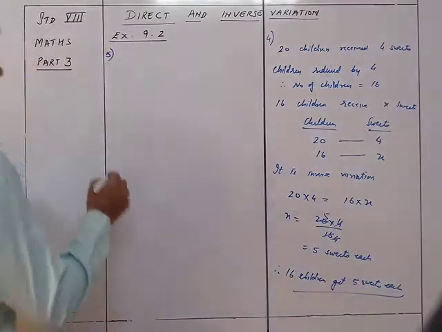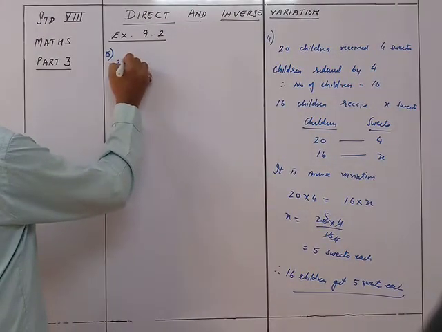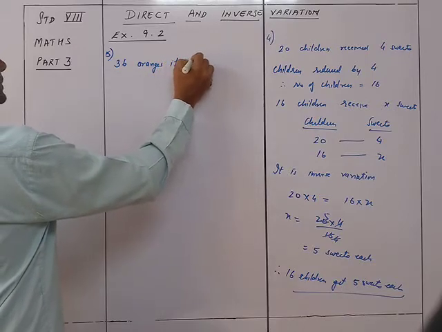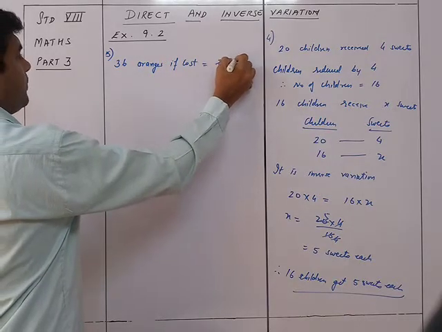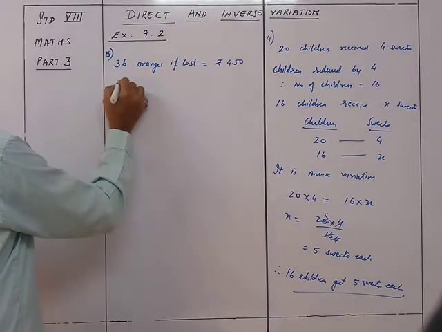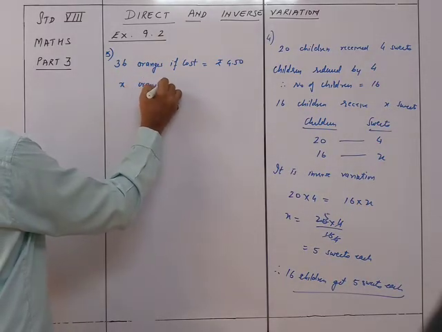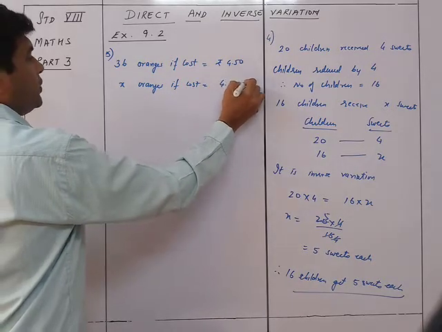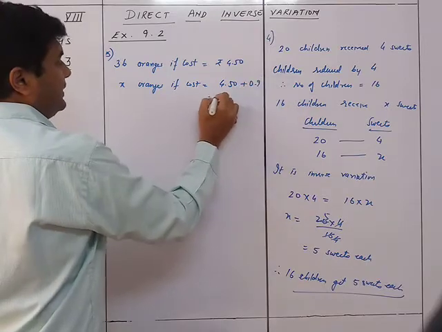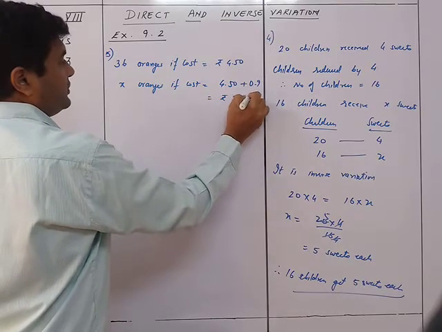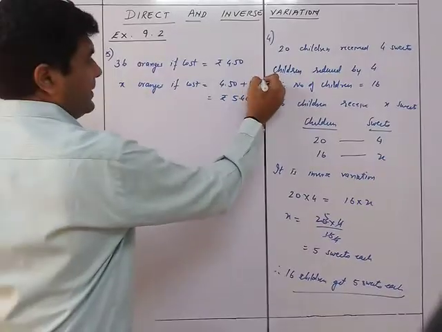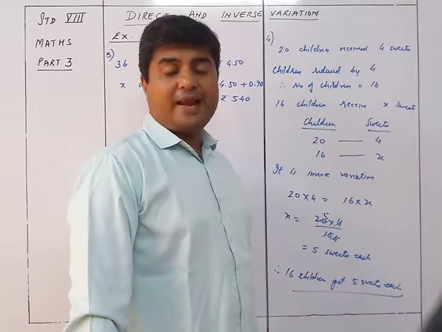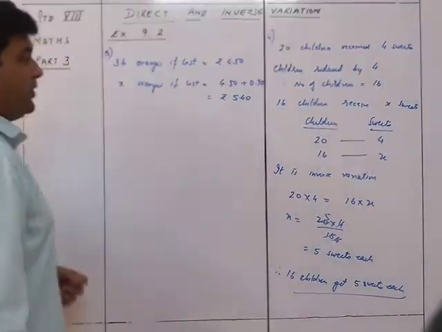So we get over here 36 oranges if cost is equal to rupees 4.50, and X oranges if cost is equal to 4.50 plus 0.9, which is rupees 5.40. Because 90 paisa is being increased, there is an increase in the price of the orange by 90 paisa, so it will cost 5 rupee 40 paisa.